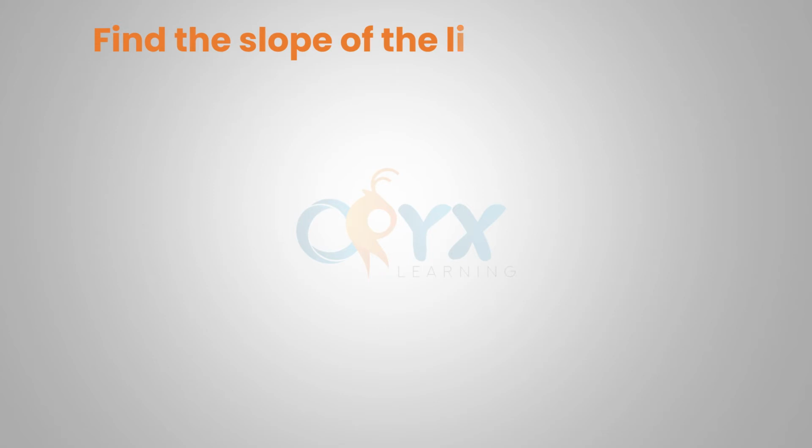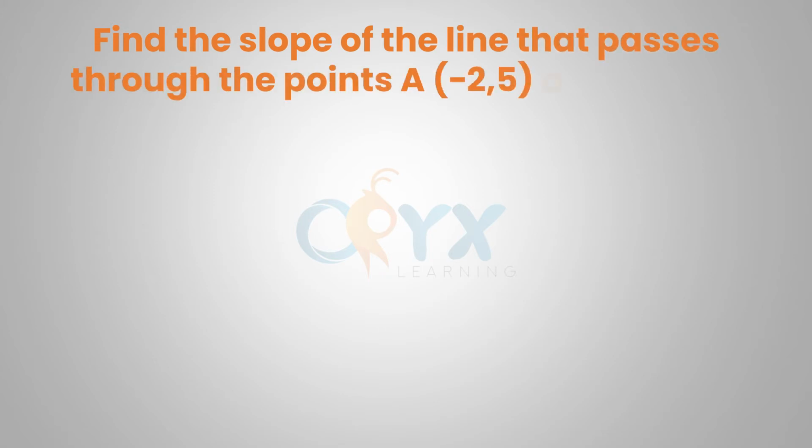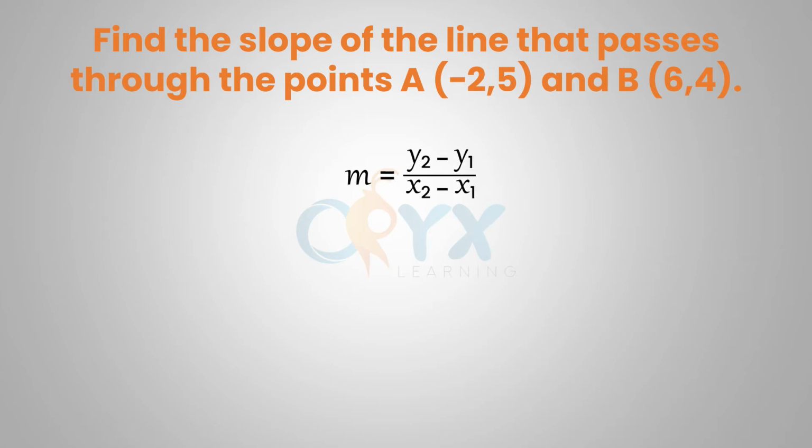Find the slope of a line that passes through the points A (negative 2, 5) and B (6, 4). So first, our slope formula, y2 minus y1 over x2 minus x1, rise over run, or the change in the y's over the change in the x's. If I label my points, my first point is (x1, y1).